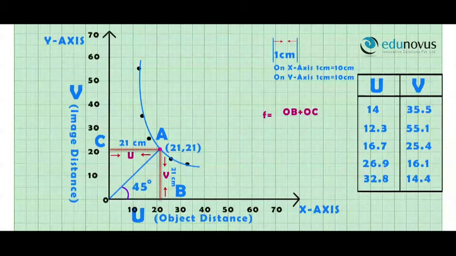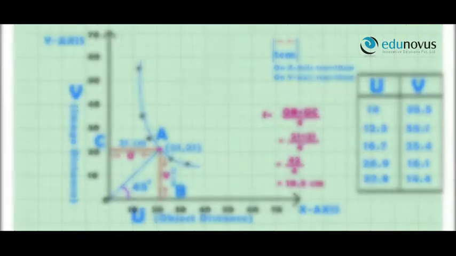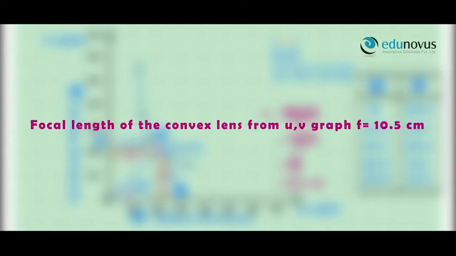Therefore, f is equal to (OB plus OC) by 4, which is (21 plus 21) by 4. Therefore, f is equal to 10.5 centimeters. Focal length of the convex lens from u versus v graph is 10.5 centimeters.